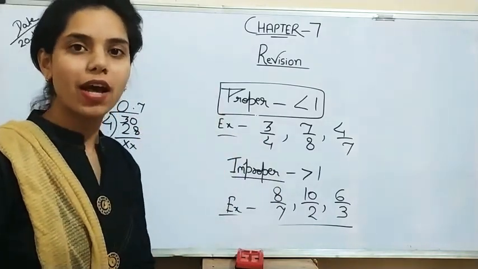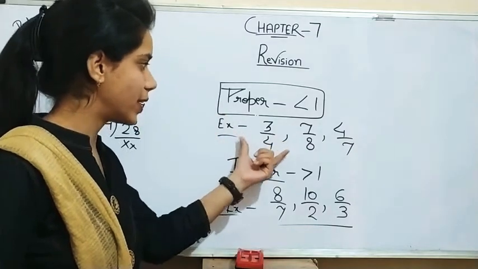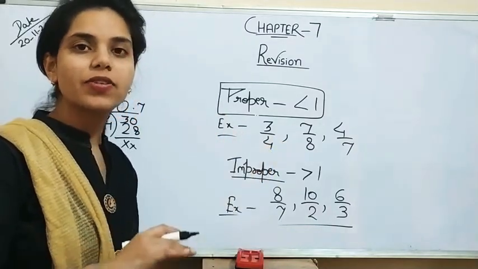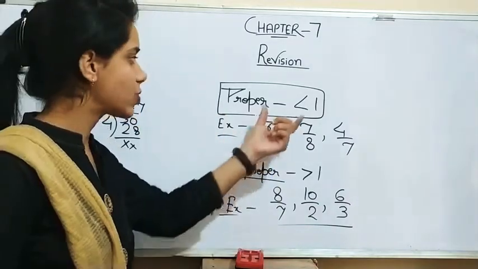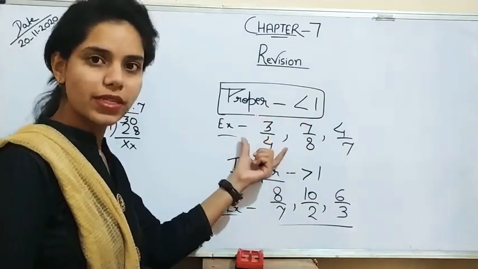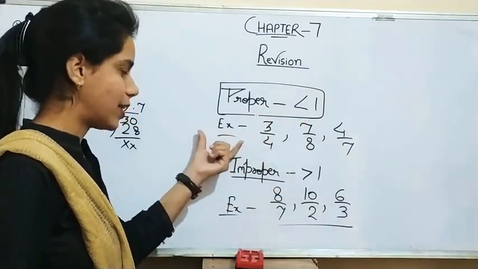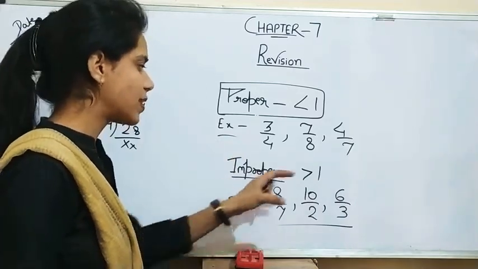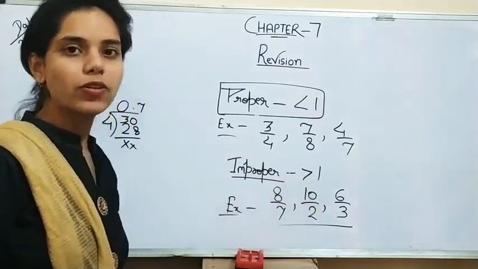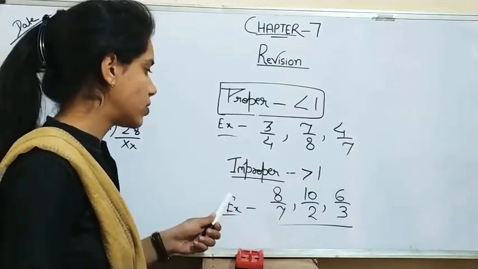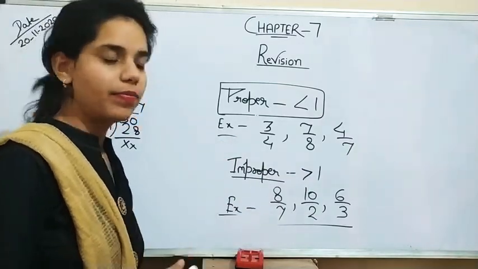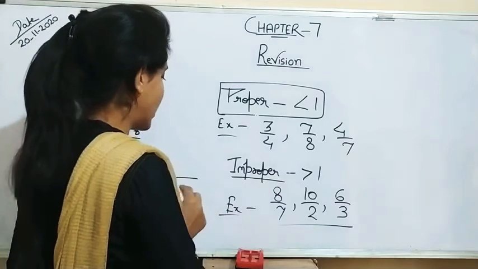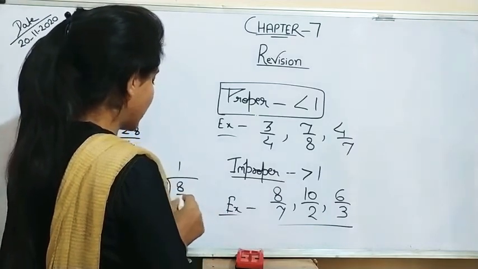If we make the graph of a proper fraction, this graph will lie between 0 and 1, because these quantities are less than 1. And an improper fraction is greater than 1. So you can also make the graph of improper fractions by dividing these quantities. 7 ones are 7.